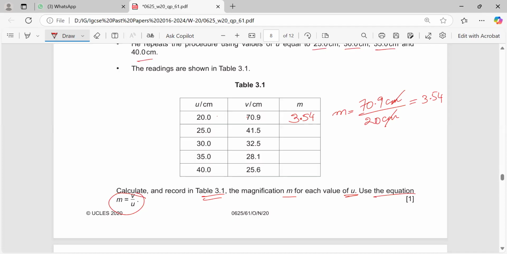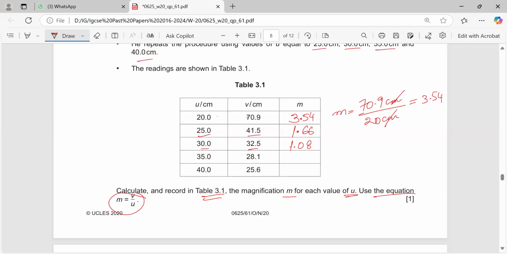Then 41.5 over 25, and we are getting numerically equal to 1.66. Then 32.5 divided by 30, it is equal to 1.08. See, I'm consistent with the decimal places. Even I was in a position to write it 1.1, but that will be written correctly as 1.10. So I kept it like this, 1.08.